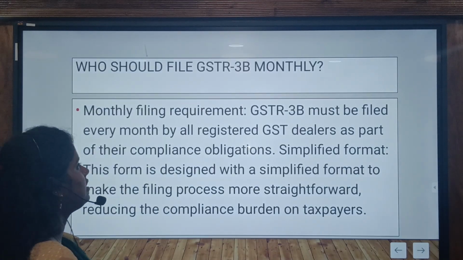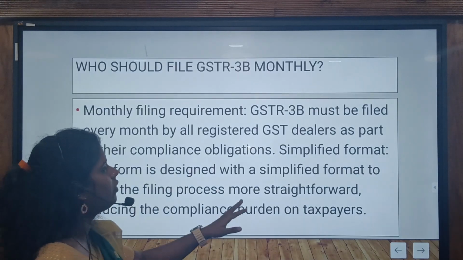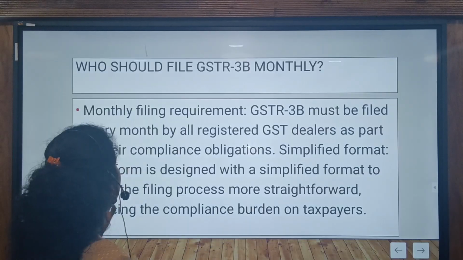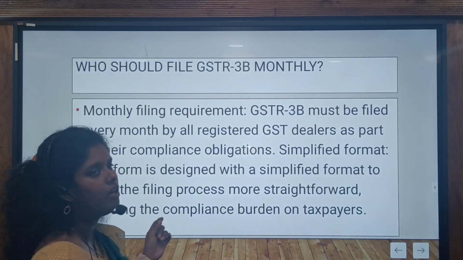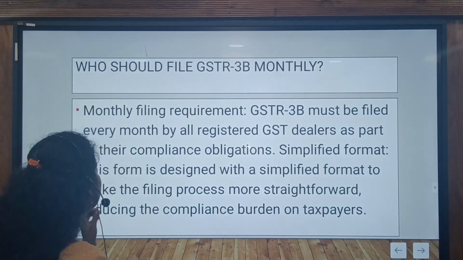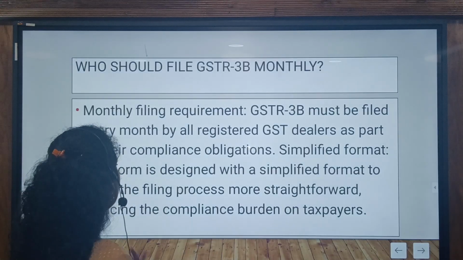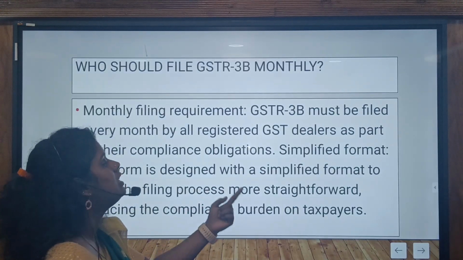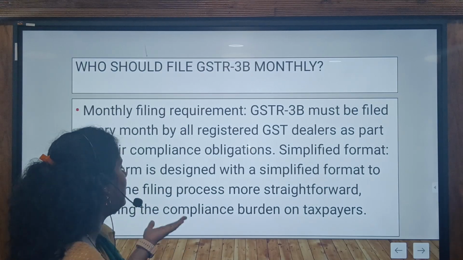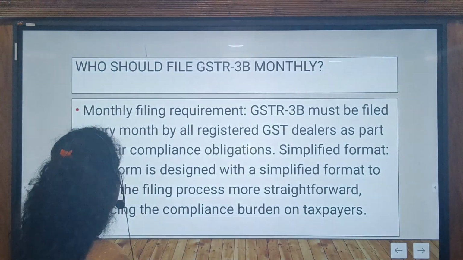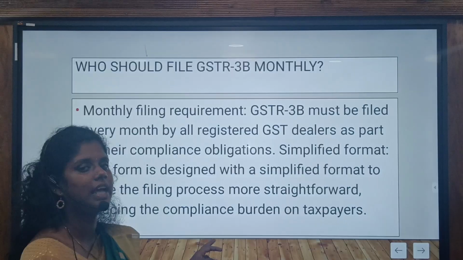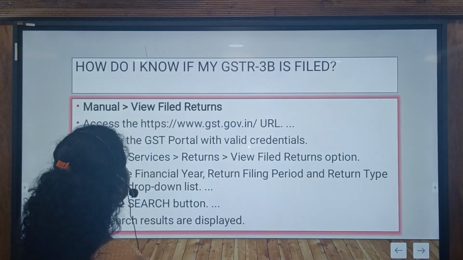So GSTR 3B monthly. Monthly filing requirement: GST is filed every month by all registered GST dealers as part of their compliance obligation. Simplified format: this form has a simplified filing process, more straightforward, reducing the burden on taxpayers.